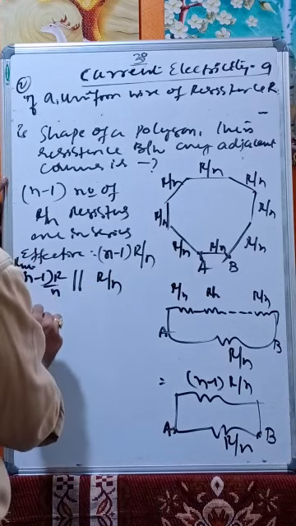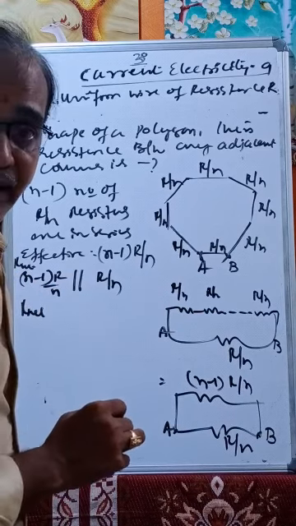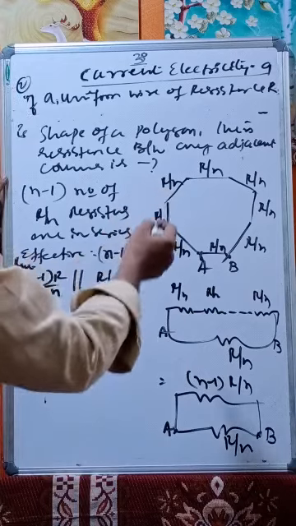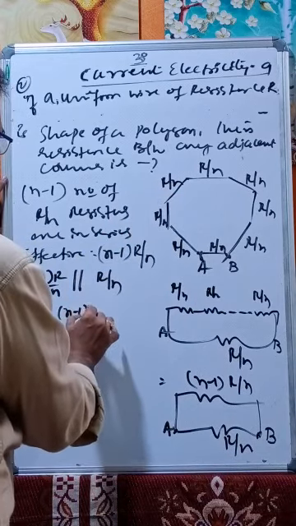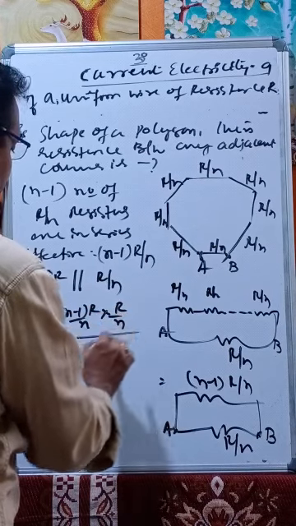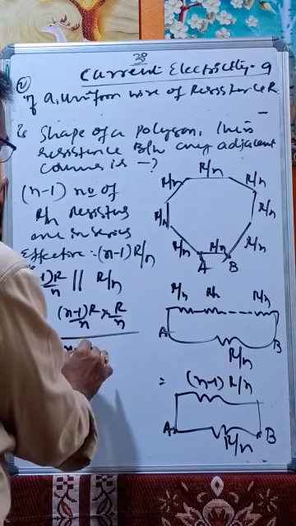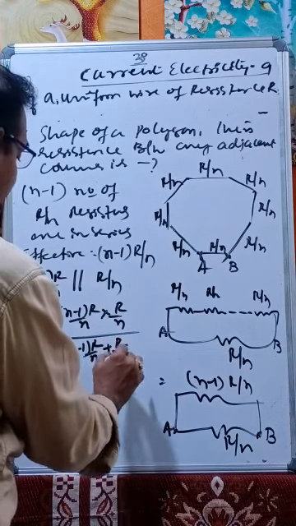Therefore, R net is equal to n minus 1 R by n parallel with R by n. What is R1 R2 by R1 plus R2? R1 is n minus 1 R by n, R2 is R by n.